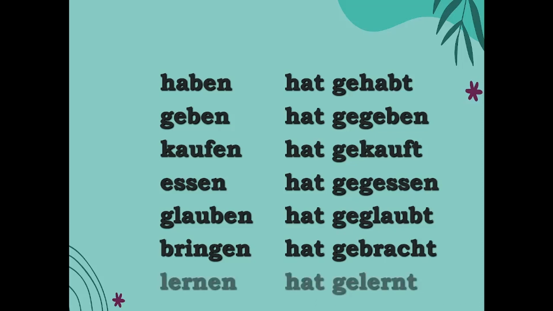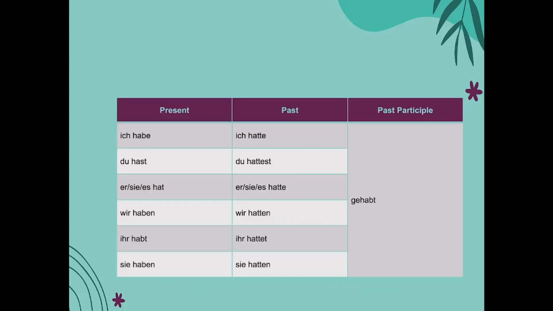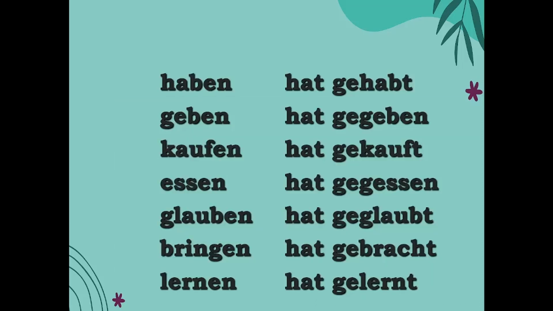Kaufen, to buy. We'll use haben. Essen is to eat. During eating there is no change of location and change of state. Don't go deeper into the meaning, but there is no change of state, so haben will be used. Glauben, to believe in something. Bringen will go for haben, so haben will be used together with bringen.